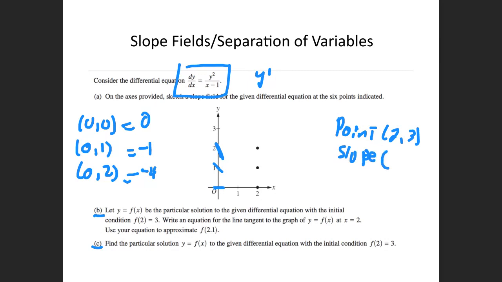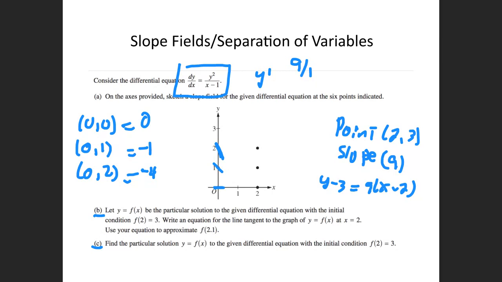Here's where I find my slope. If I put 2, 3 in here, 3 squared is 9. If I put 2 down here, 2 minus 1 is 1. So my slope is 9. So my equation is y minus 3 equals 9 times x minus 2. Never, ever rewrite this in slope-intercept form. Just leave it like this.